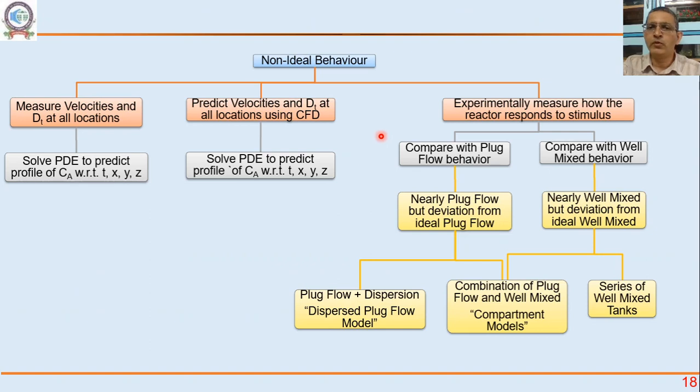So now what do we do? We'll look at two different categories. We will look at whether the reactor behaves like nearly plug flow, with a small deviation from plug flow, or whether it behaves like well mixed, or a small deviation from well mixed. Nearly plug flow with a small deviation we call plug flow with dispersion, or the dispersed plug flow model.